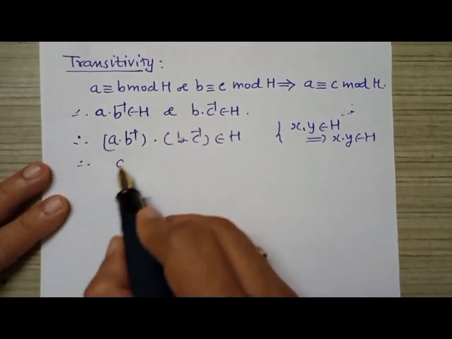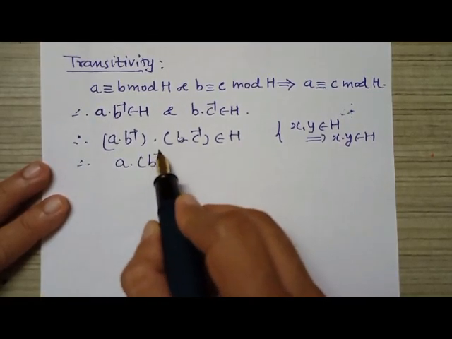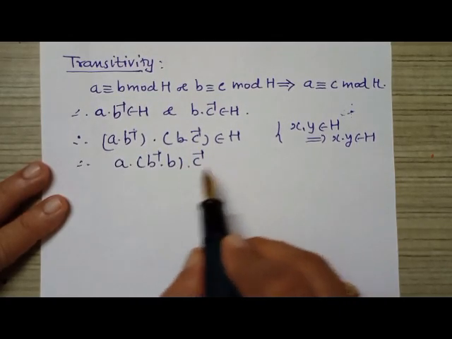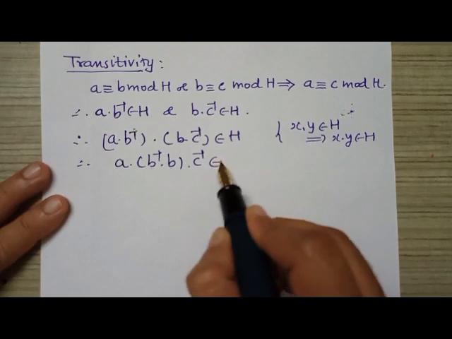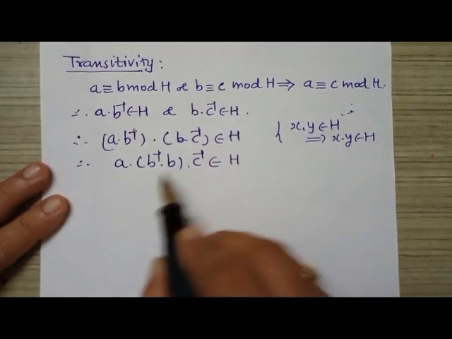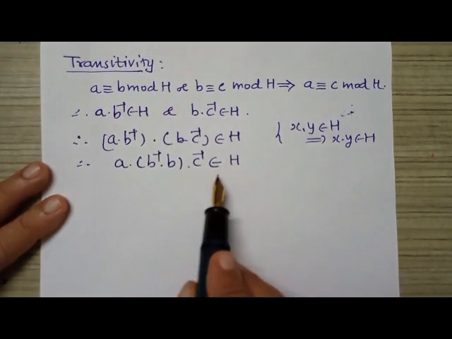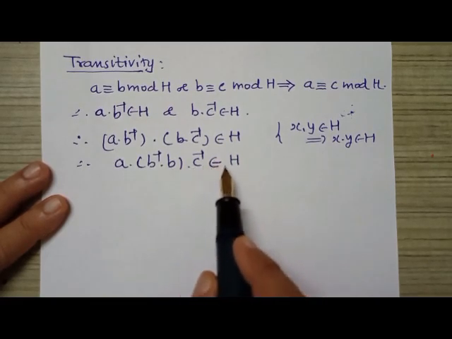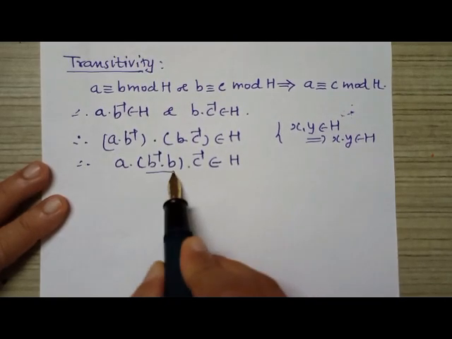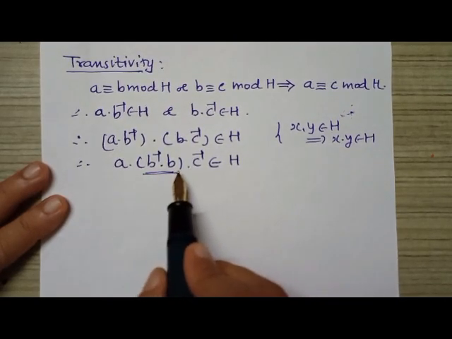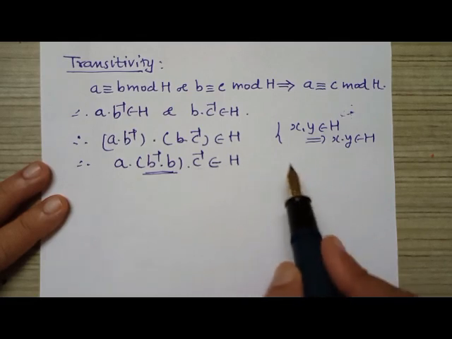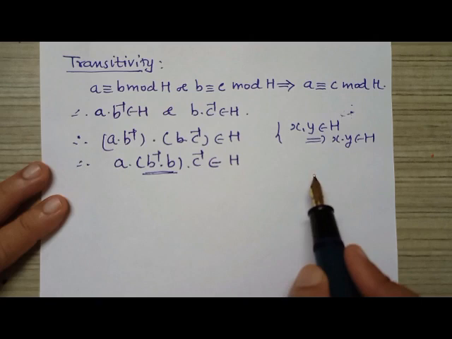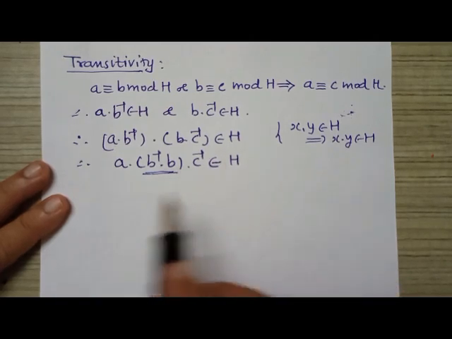Then applying associativity in the group, because A, B, C are members of the group G, this product is written as A B inverse B C inverse belongs to H, and B inverse B is equal to E, because we know that every element in a group has a unique inverse and their product is the identity element.